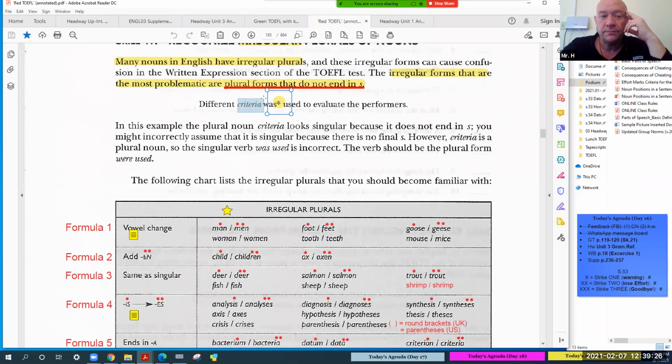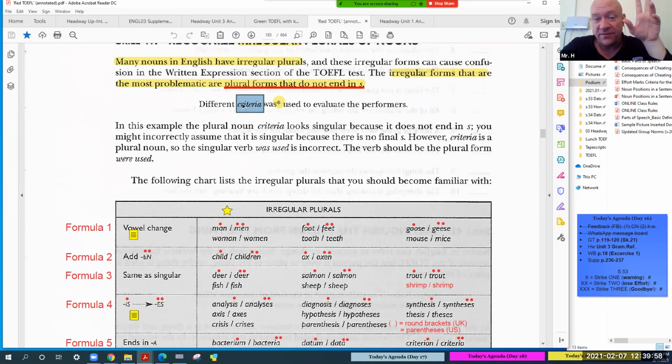Maybe it's plural. Correct. This word is not singular. This word is plural. But teacher, where is the S? Special case. I told you, we must learn the special cases.